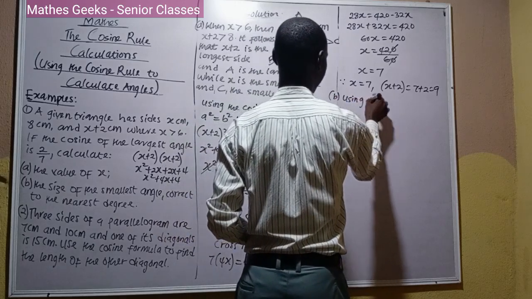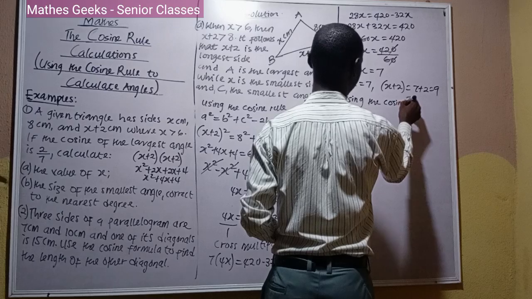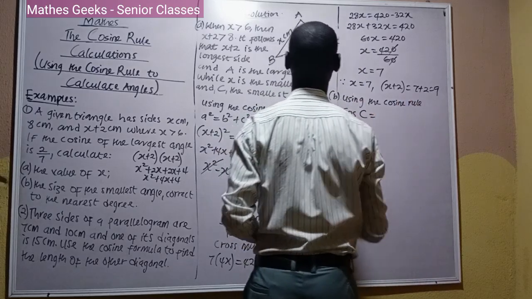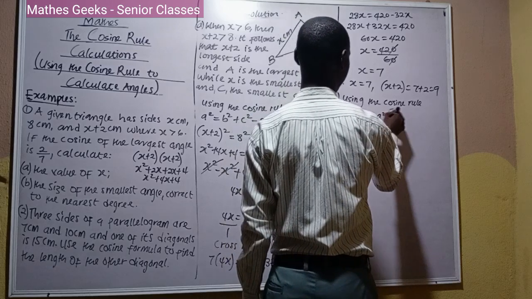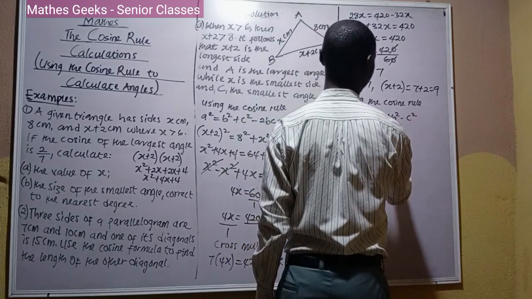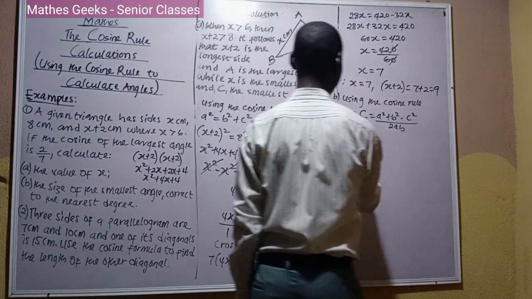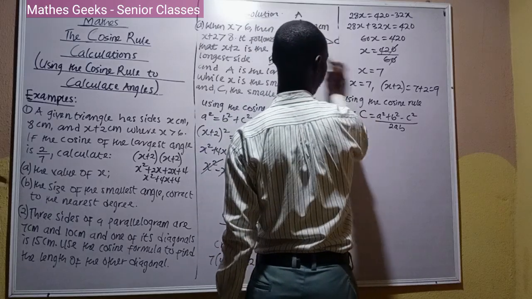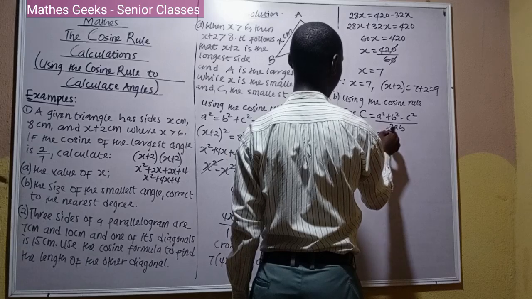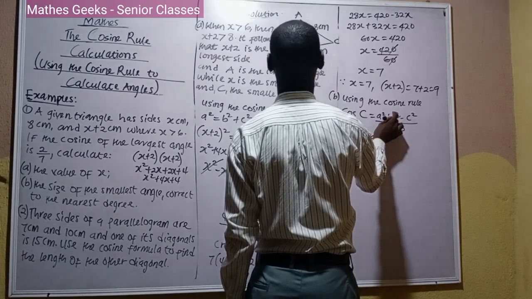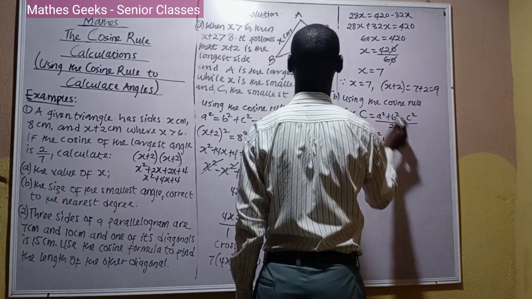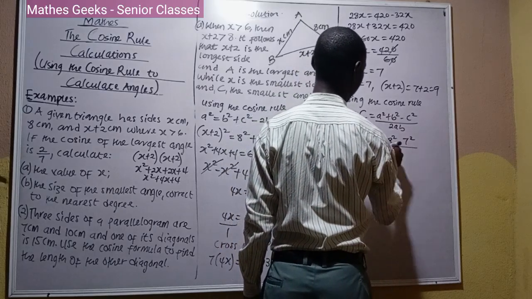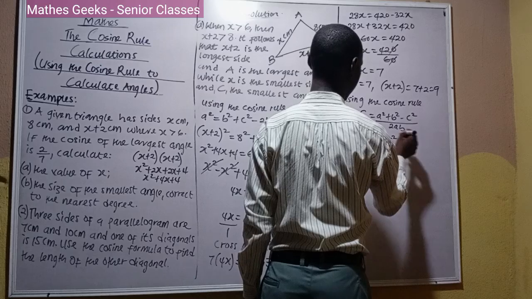Using the cosine rule, cos C is equal to A squared plus B squared minus C squared over 2AB. So A squared is 9 squared, plus B squared is 8 squared, minus C squared, and C is 7, 7 squared, over 2 times 9 times 8.